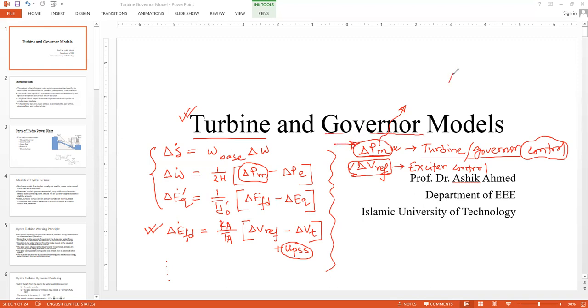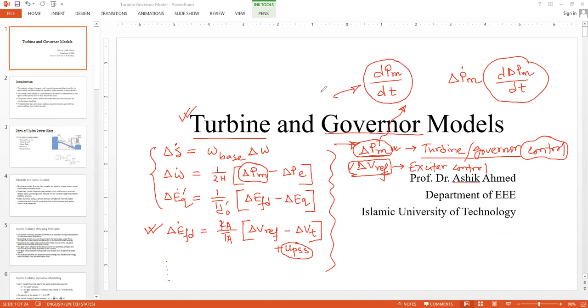So basically what we are looking for is something like this, del Pm dot or d del Pm over dt. This is in the incremental form, and in the generalized variable form, that is in the non-linear form, you can say, this can be also written as dPm over dt. So in general, we are looking for the change in Pm with respect to time.